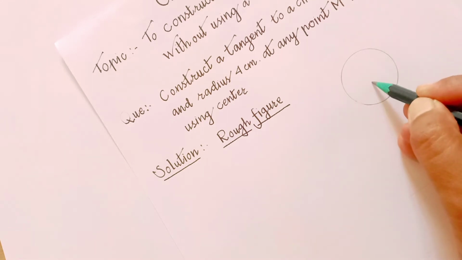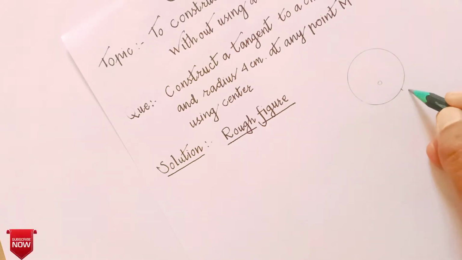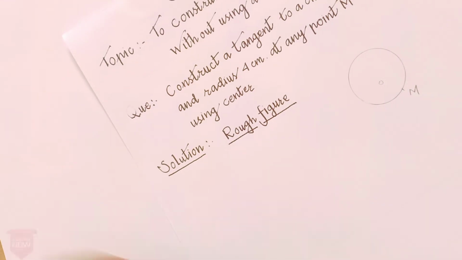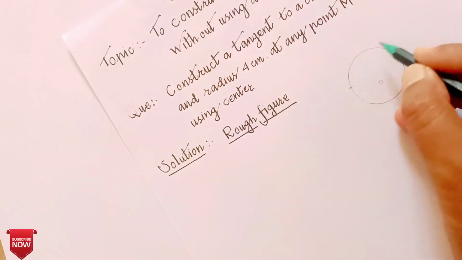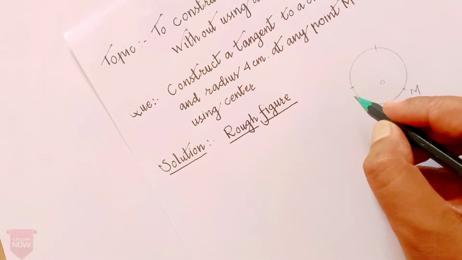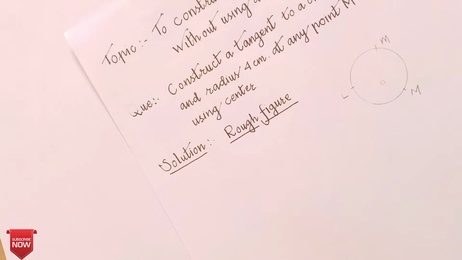Now this is the center O, which has no meaning here, and this is the point M. Through the point M we have to draw a tangent. Before that you take here 2 points, that is L and the M.